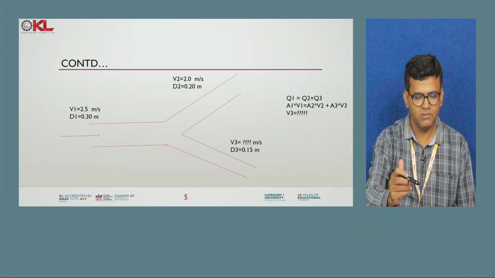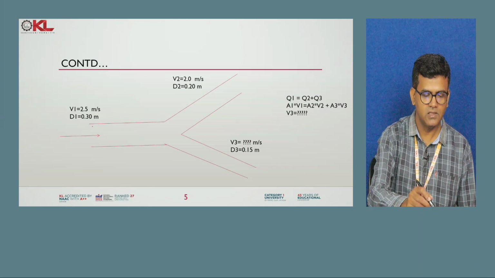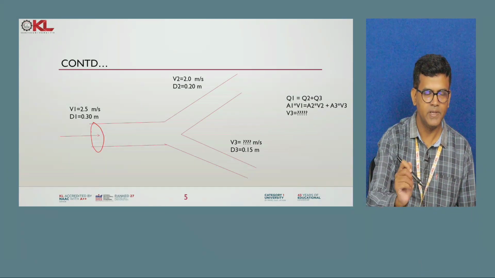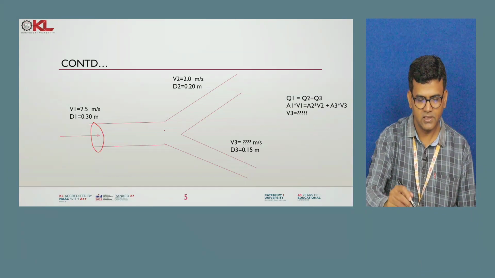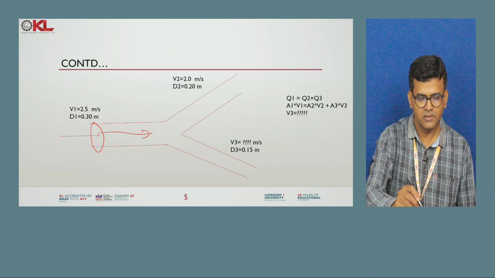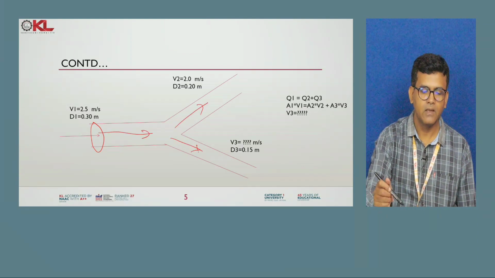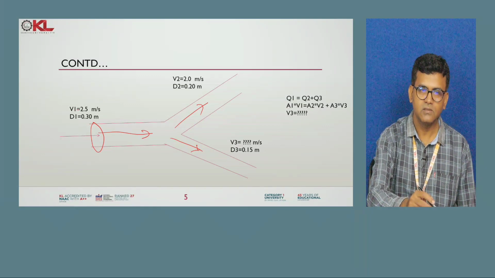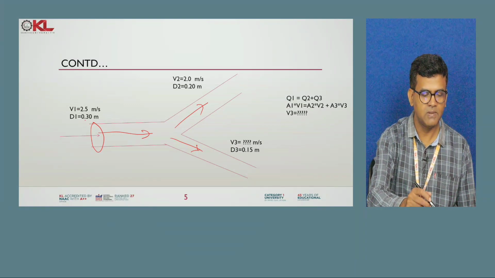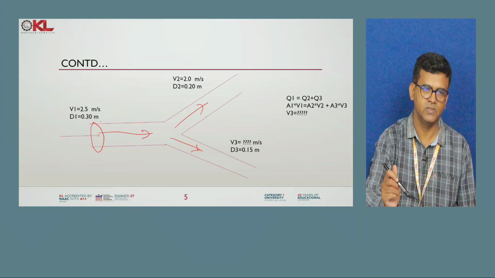Next, one more problem you will see. This is the main pipe, where the flow coming in is divided into two branches. In the main branch, the velocity is 2.5 meter per second and the diameter is 0.3 meter.